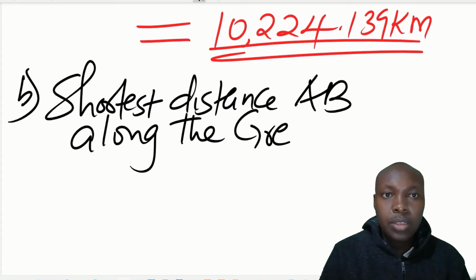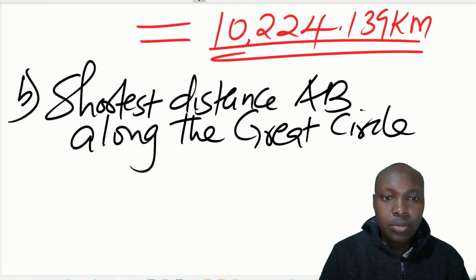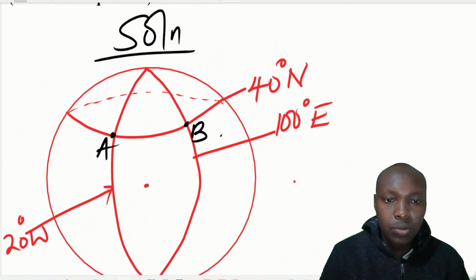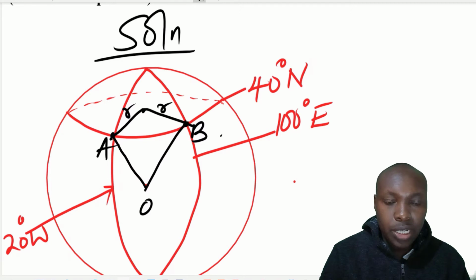In solving this part, there are two methods that we shall use, and we want to pass through the center of the Earth. So we shall create the radius of the small circle, that is small r, and then the radius of the great circle, center O. The center of the small circle, we call M.